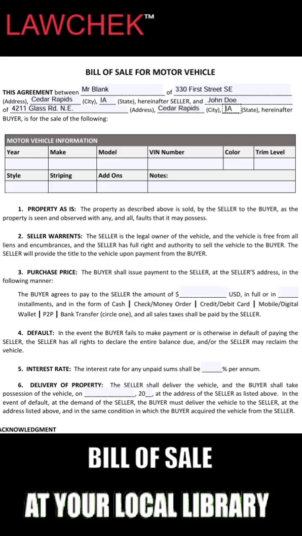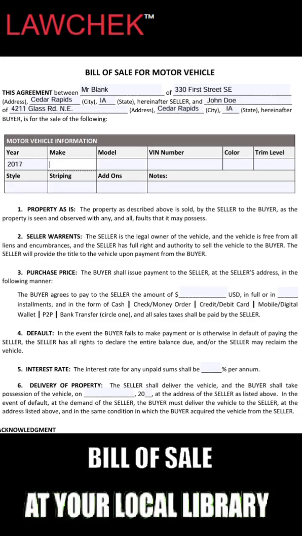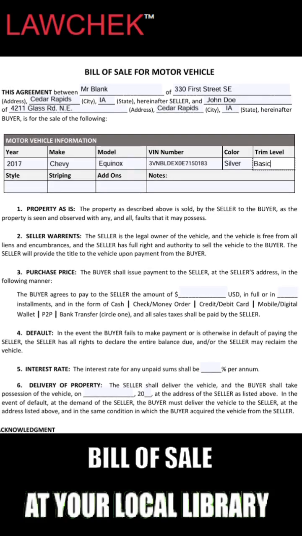Now we're going to take a look at the motor vehicle information. This is somewhat specific so we can describe the property. This motor vehicle, we're going to use for a sample, a 2017 Chevy, which is the make, the actual manufacturer, the model, an Equinox, and then the VIN number. It'll be what you find on your actual vehicle that you're selling.